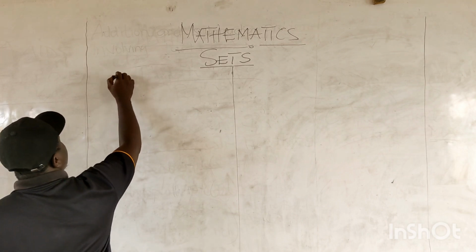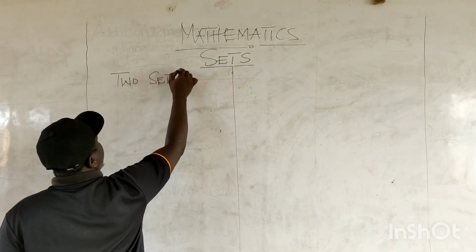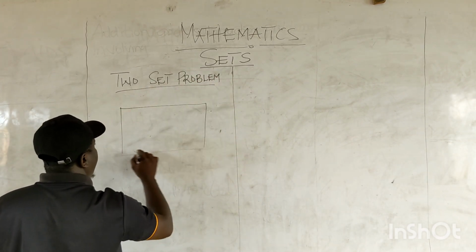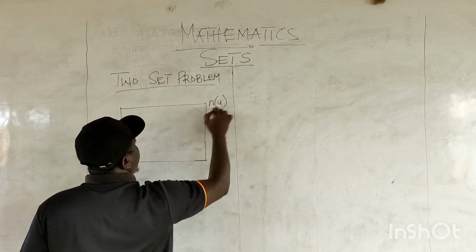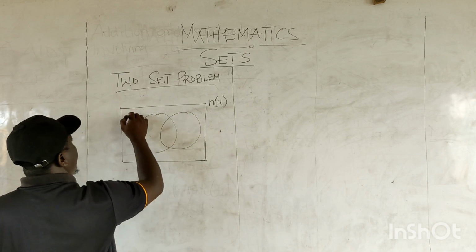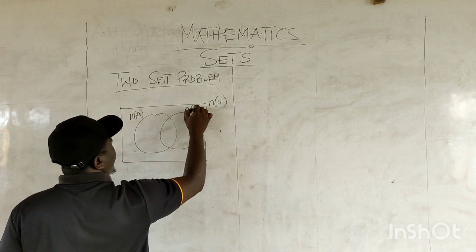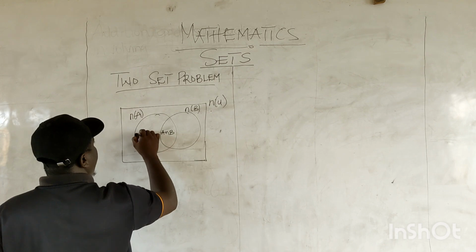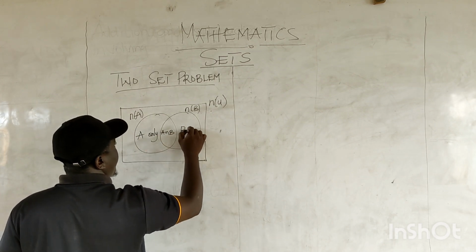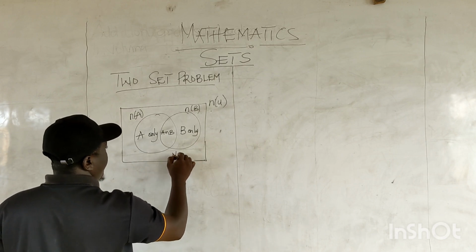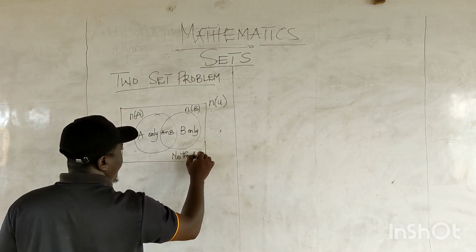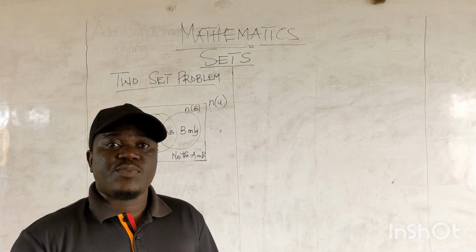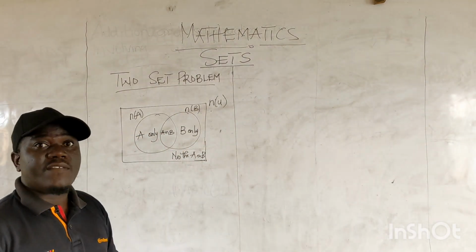Alright, so with the 2-set problem, we can have these regions for the Venn diagram.